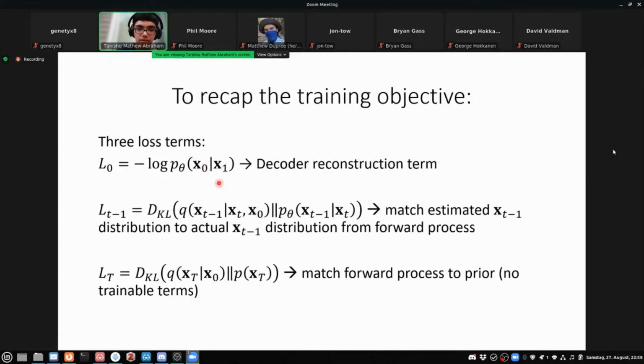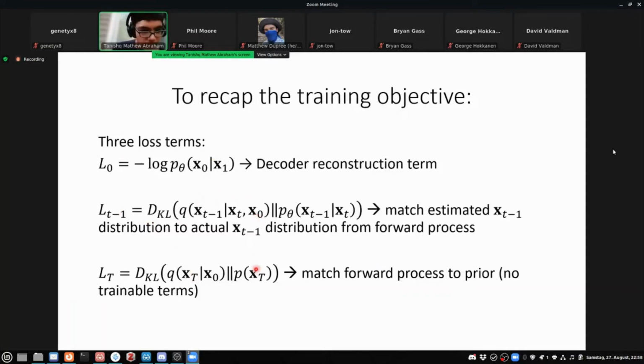So it's saying this model is producing appropriate x0, appropriate images. There's a similar loss term in the VAE as well, so again it's taken directly from the VAE.